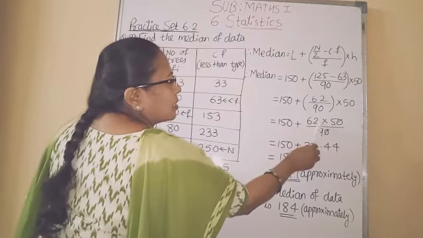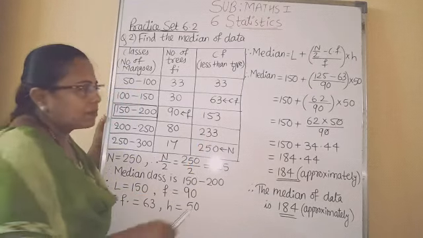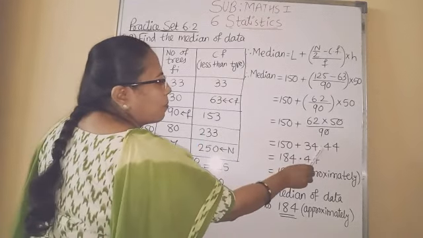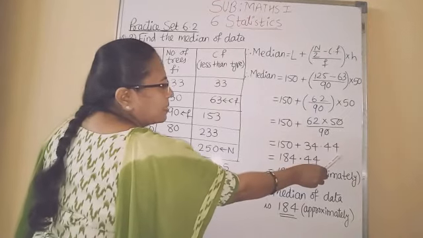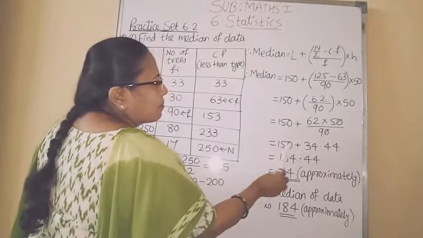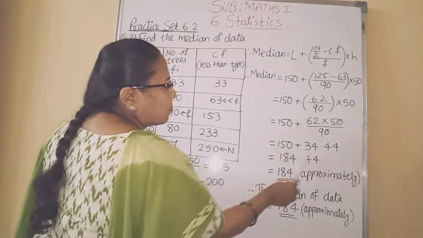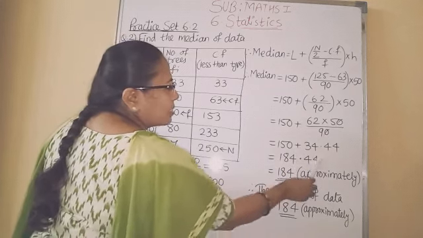Multiply this, 62 into 5, and divide by 9. We will get the answer 34.444 recurring. So take up to 2 decimal places, 34.44. So 150 plus 34.44 we will get 184.44. So this is the median.